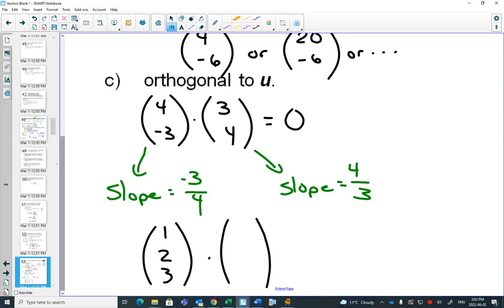Probably what I would do is 3 is my biggest one, so I'd think in factors of 3. Let's just say I put a 3 here and a 3 here. That would give me 3 plus 6 would give me 9. Minus 3 would give me 0. And those two vectors that we just wrote down are perpendicular to each other in 3 dimensions.